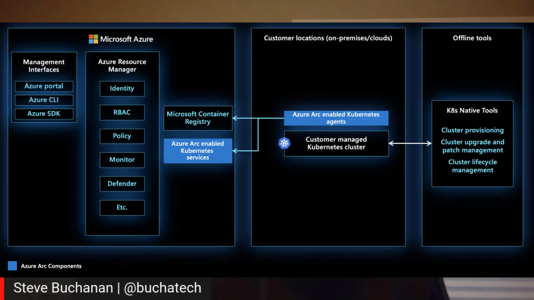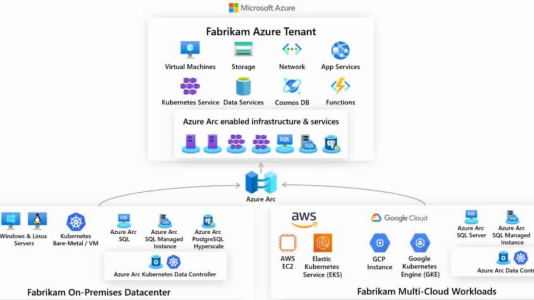And it allows you to take the power of Azure and things like Azure Policy, things like Security Center, things like being able to tag and see your Kubernetes clusters in the Azure portal, and you can extend Azure's features and functionality to Kubernetes clusters, even if they're running in AWS, or maybe you're running them on premises or any other cloud, right? And so Azure Arc Enabled Kubernetes is just extending that.